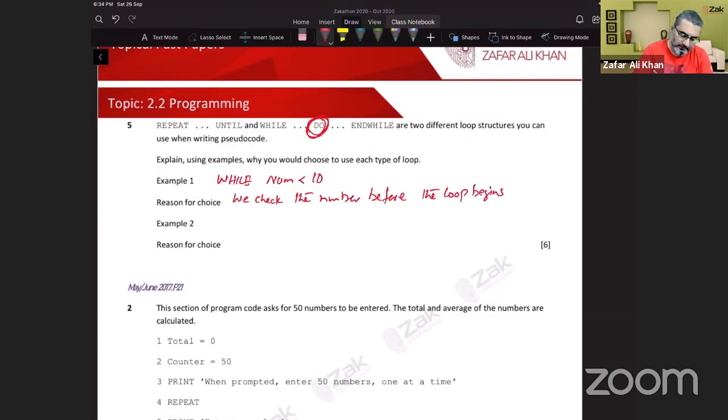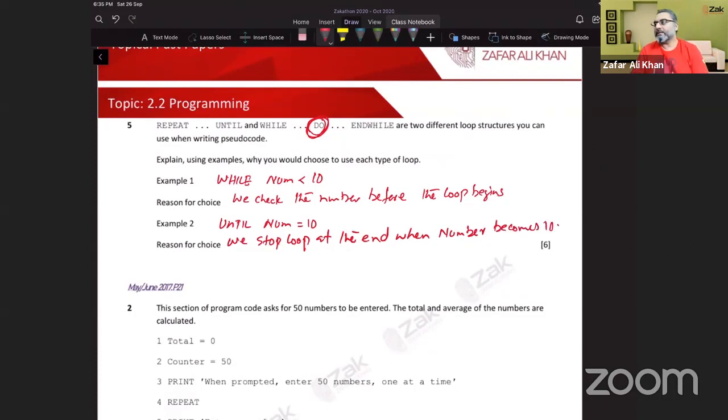And then example 2. Until number is equal to 10. So we stop the loop at the end when number becomes 10.